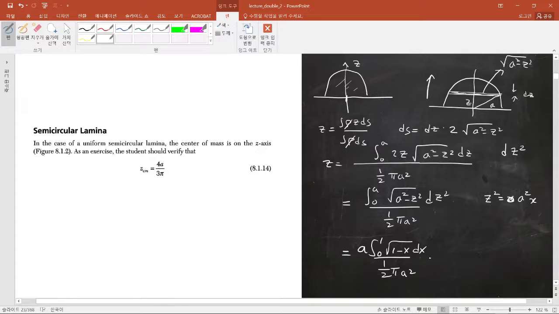Okay, so it is equal to 1/2 pi a squared times a, and the integral of the square root of 1 minus x is minus 2/3 times (1 minus x) to the 3/2, from 0 to 1. Because if you differentiate it, you get 2 over 3 in front, and this gives you the square root, and the minus gives you a minus. When x is equal to 1 it is 0, and when x is equal to 0 it is minus, so it's 2/3.